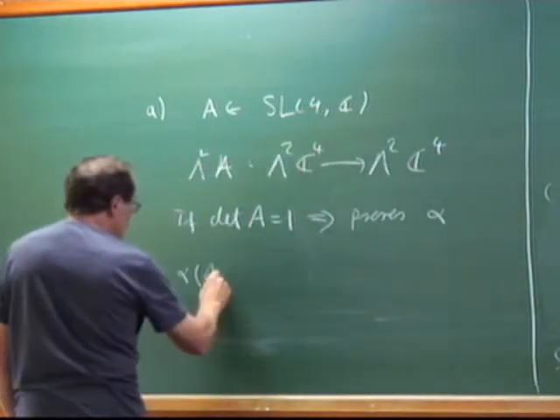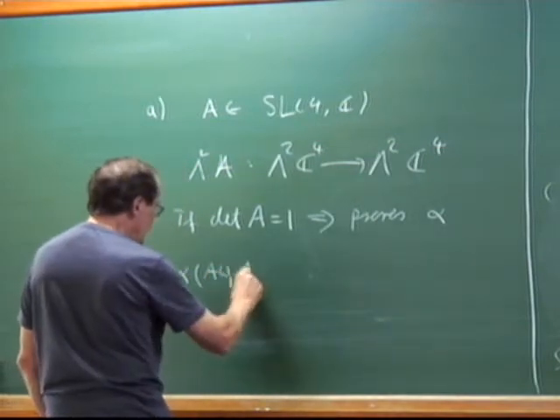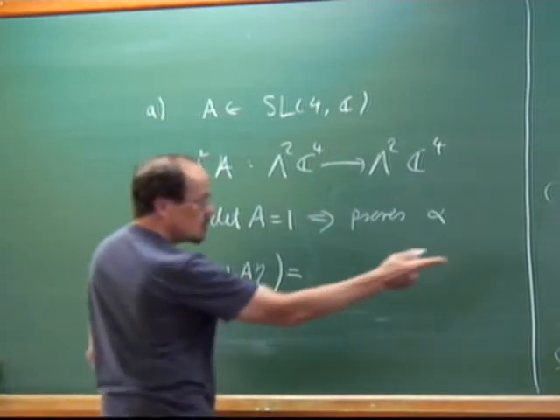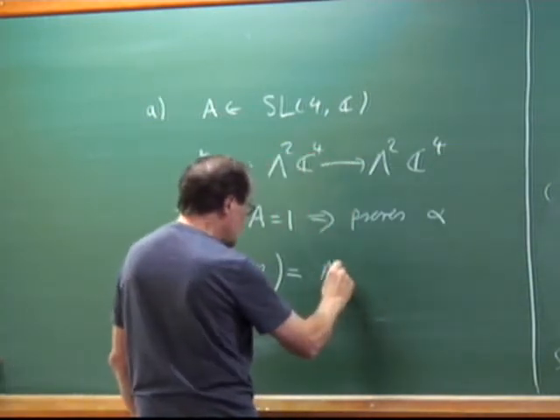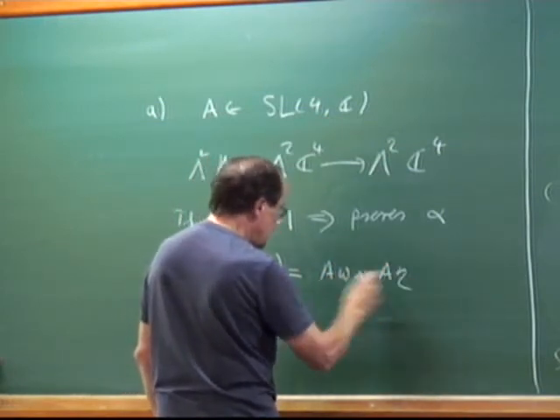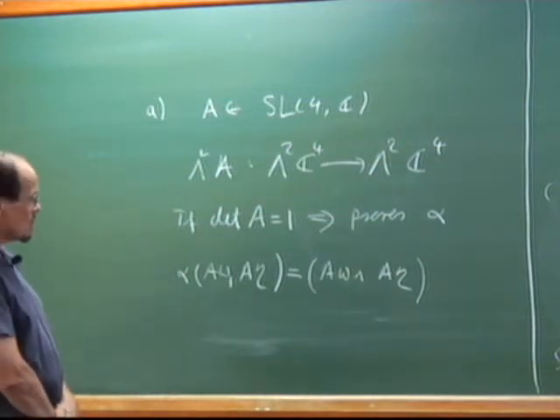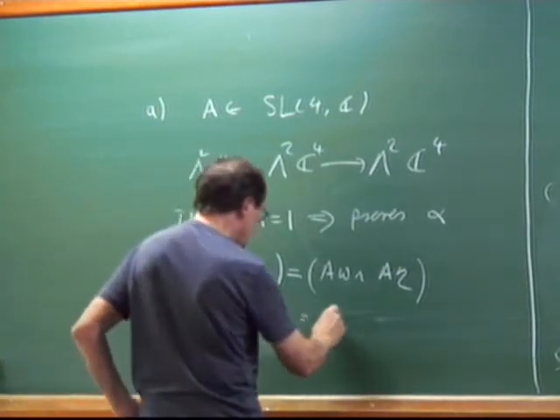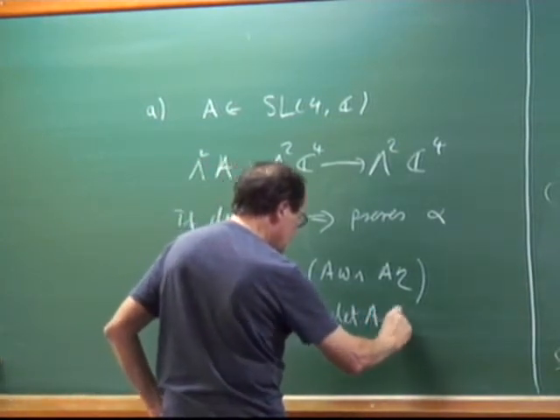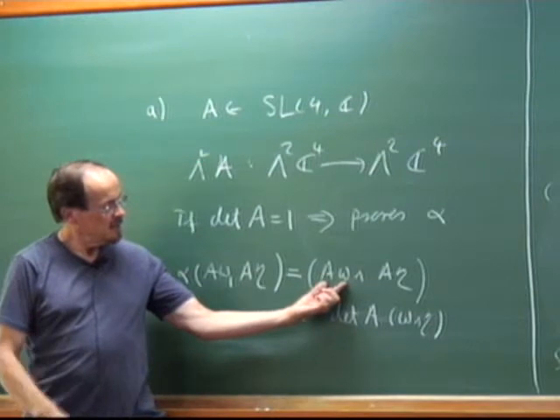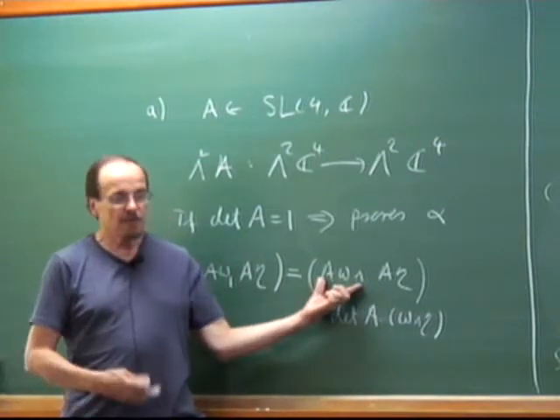So what's alpha of A omega, A eta? I have to show it's a symmetry with respect to alpha. Well, that's A omega wedge A eta. And if you see it in tensors, it will be evident that the determinant comes out. So this is what? Det A times omega wedge eta. I have a linear map on 2 forms, which now is an induced map on 4 forms.